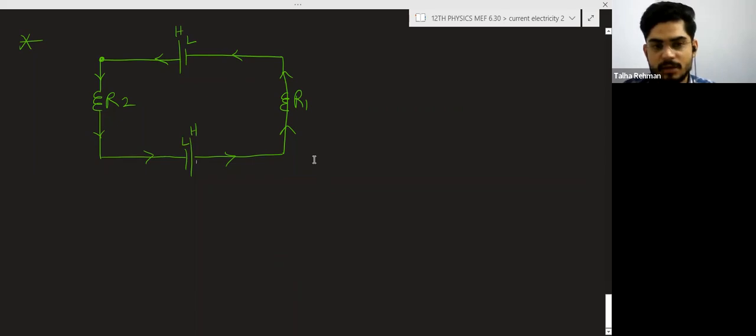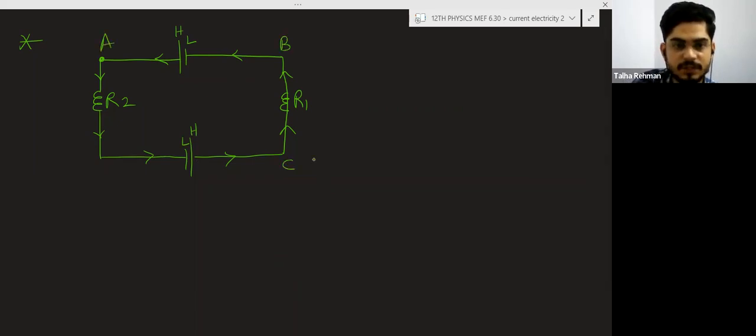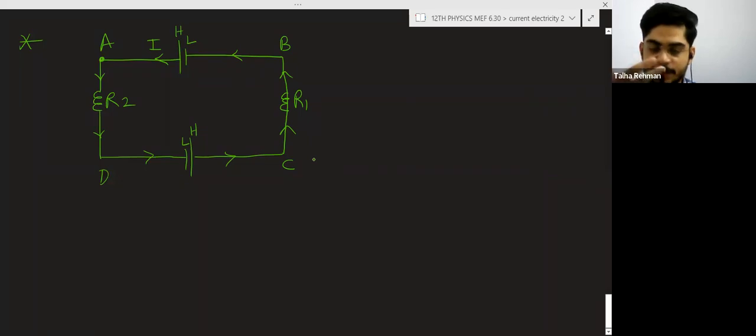Suppose this point is A, this point is B, this point is C, this point is D, and current I is flowing in this circuit. You can choose any path, whether in the direction of current or in the opposite direction, depending upon you. First I am choosing a path in the direction of current, so I will move like A, D, C, B, A.